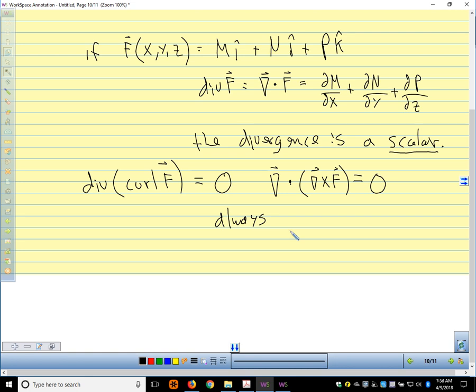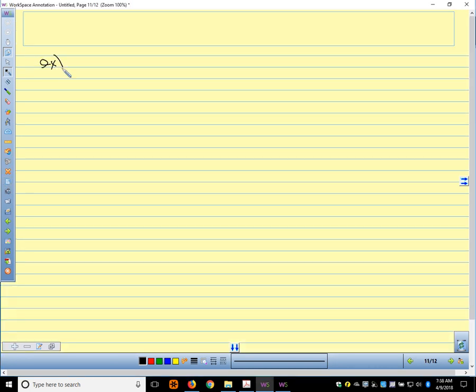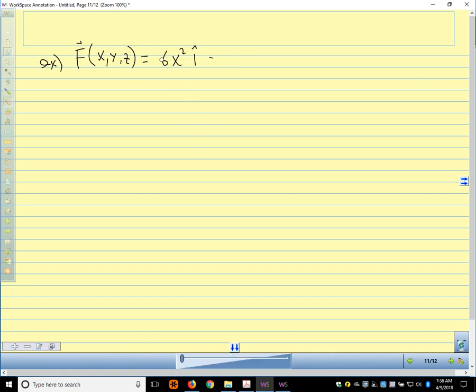All right, I just want to look at one example of calculating the divergence. The divergence is definitely easier to calculate than the curl.